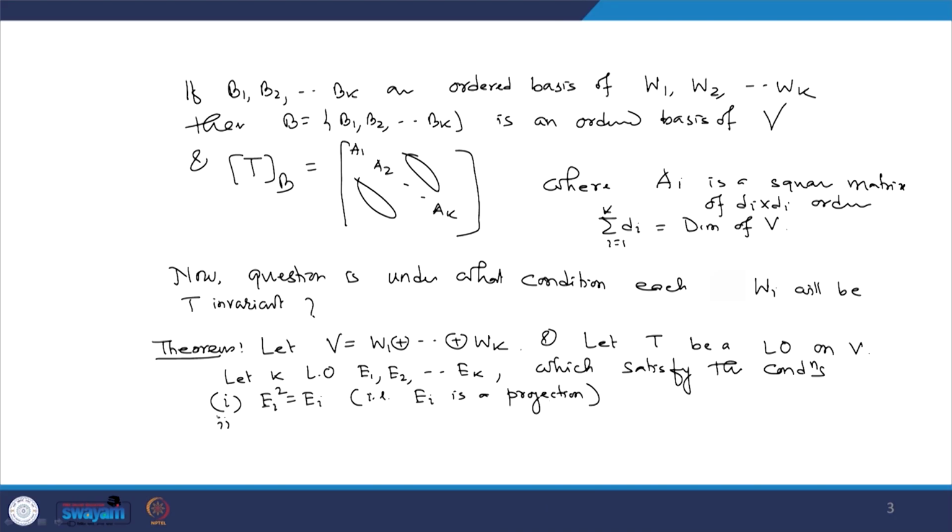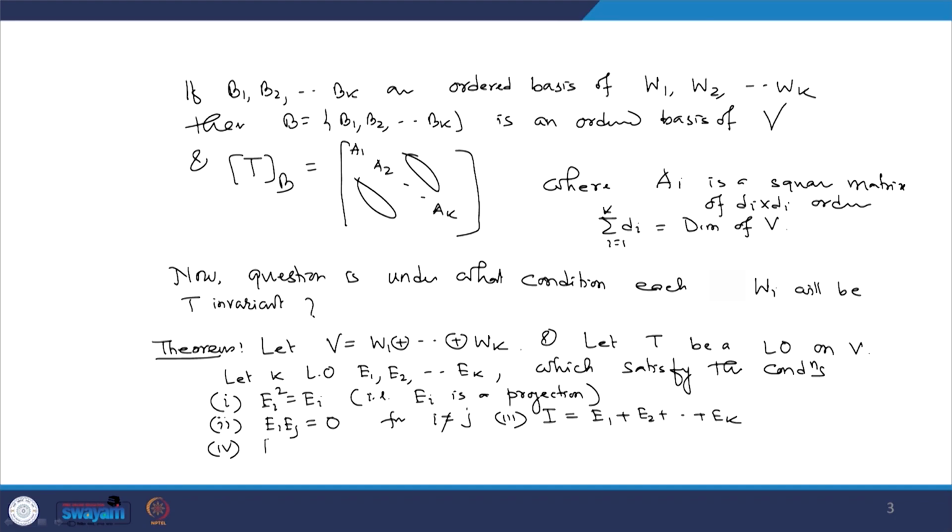Second, Ei into Ej equal to 0, the 0 operator, for i not equal to j. Third, the identity operator is the sum of E1 plus E2 plus Ek.